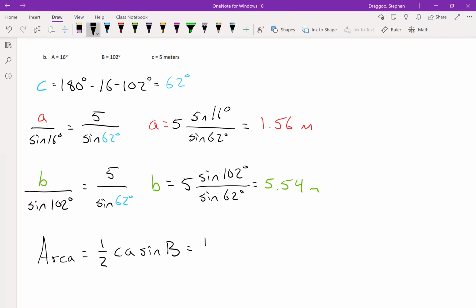So this will be 1/2 times 5 times 1.56 times the sine of 102 degrees. And that works out to 3.81 square meters.